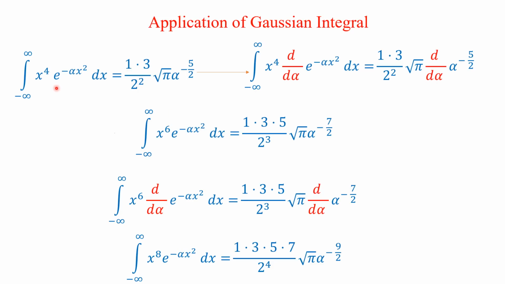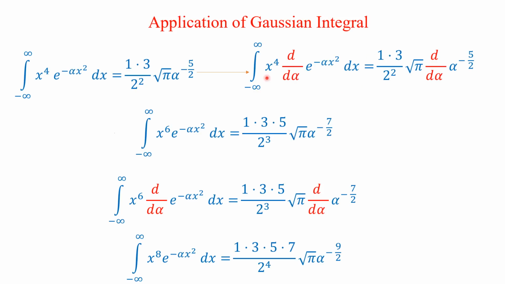Already x power 4 is there, so this will become x power 6. And every time there will be a minus. If you differentiate this, you will get minus pi by 2. So this minus always cancels out, so you need not worry about the negative sign. So here already 1 dot 3 and now again dot 5 divided by this.